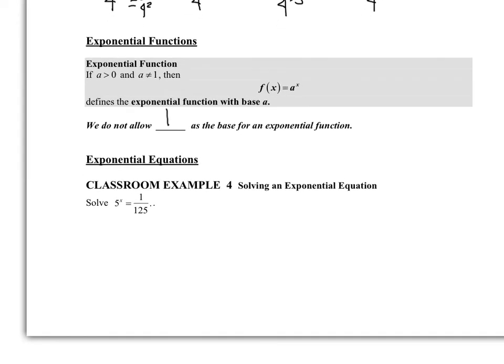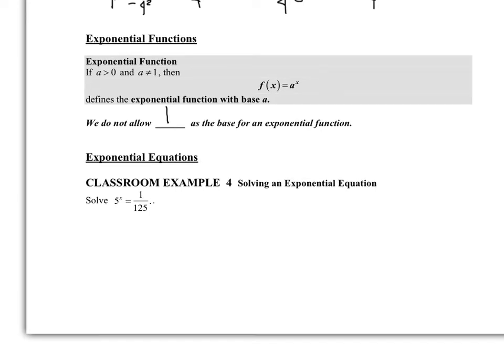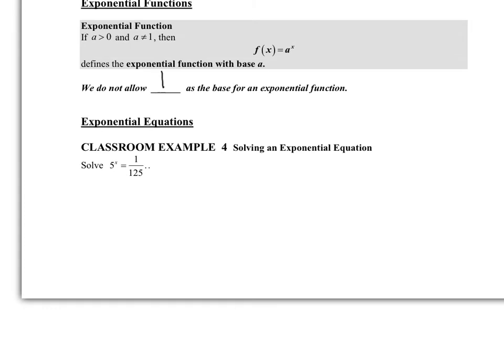If you think about that for a moment, you'll probably understand why. What happens if I take 1 and I raise it to any power? It doesn't matter how many times I multiply 1 times itself, I still get 1. So it will not follow the rules for exponentiation as the others do. So 1 is not allowed as the base for an exponential function.